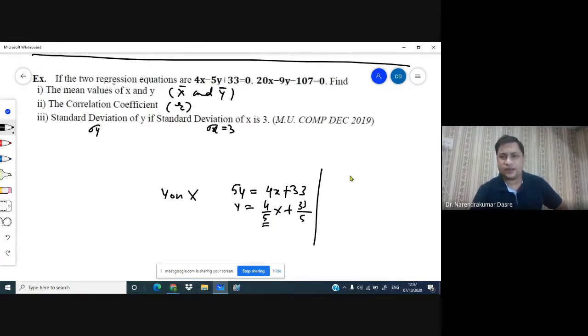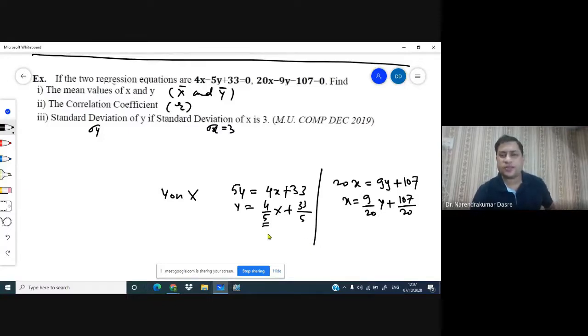And for this other line, if I consider this is x on y, then we will be having 20x is equal to 9y plus 107. So it will be x is equal to 9 by 20 y plus 107 upon 20. So now this is going to be the slope.